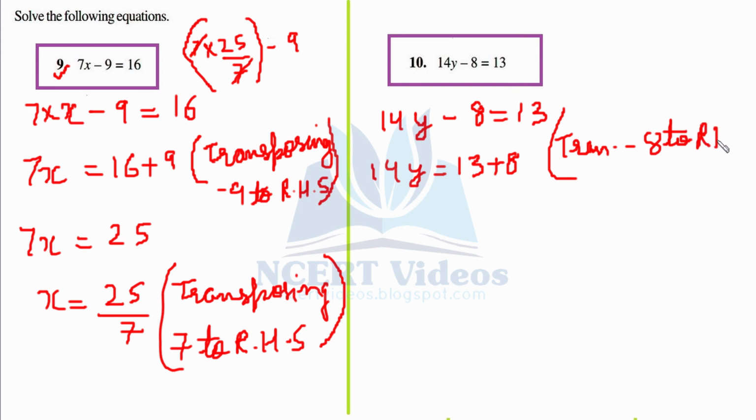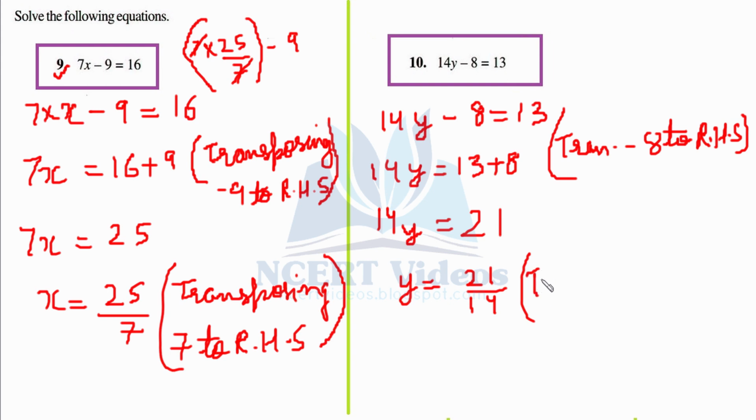This time the right hand side. That is our reason. So 14y equates to 21. 13 plus 8 is 21. Get rid of this 14. y equals 21 over 14. So we are transposing 14 to the right hand side.